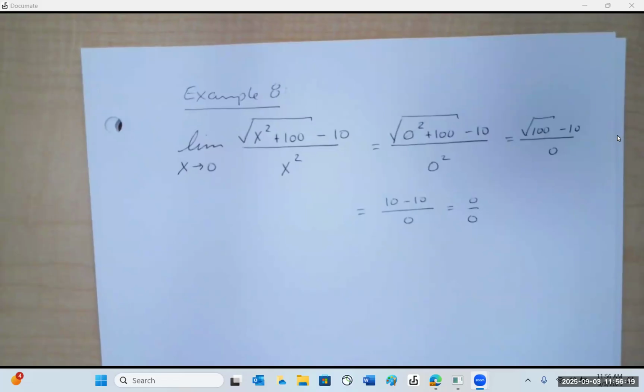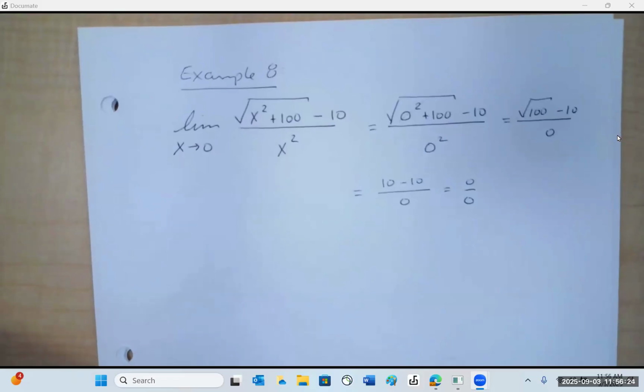In algebra, again, algebra is the guiding force of calculus. In algebra, when we looked at factoring polynomials or solving large order polynomials, we know that depending on the size of the polynomial, the answers are either going to be positive, negative, 0, or it could be imaginary or a radical.